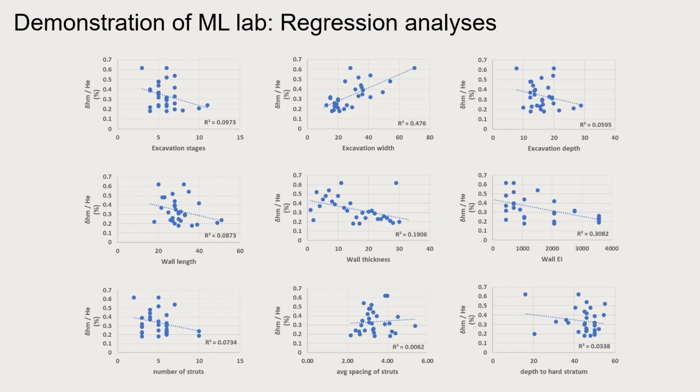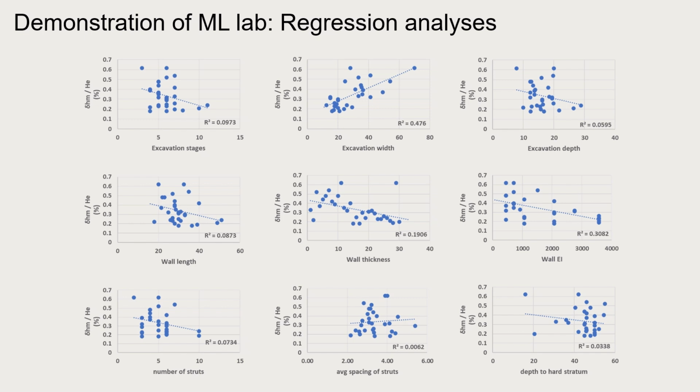If we look here, we see the correlation matrix for the lateral wall movement with the different variables. You can see that lateral wall movement is inversely correlated with most of the variables. That means an increase in, for example, the excavation stage would lead to a decrease in the lateral wall deformation.